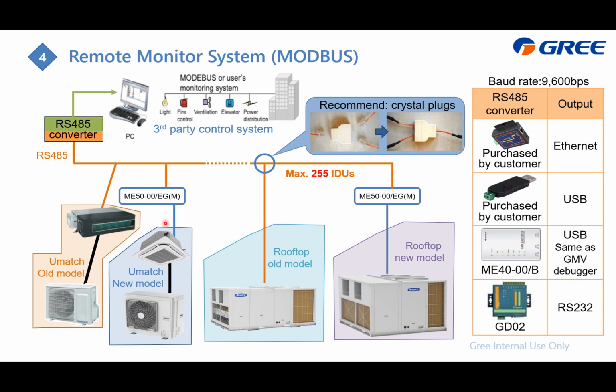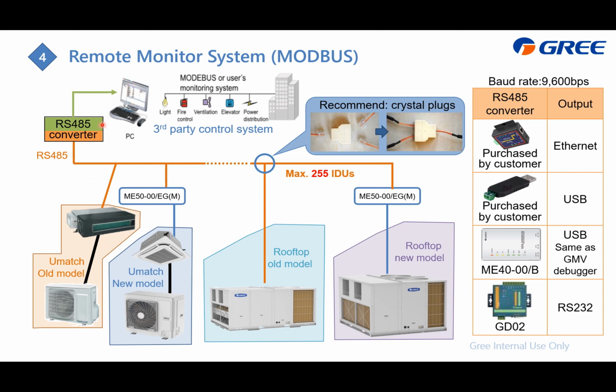And for this one, it's similar to the wiring to the central controller, which means for the old model, directly from the PCB. For the new model, you need this ME50 as an adapter to output the standard RS-485 signal. Then you need the RS-485 converter to transmit the signal into the computer.